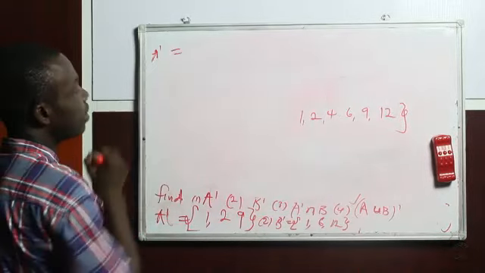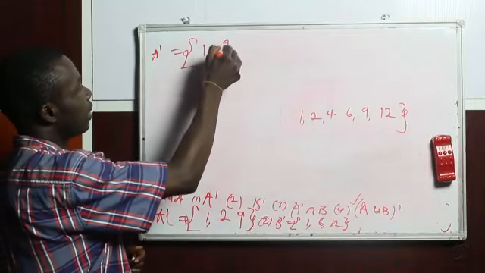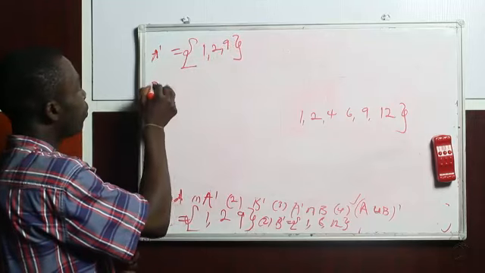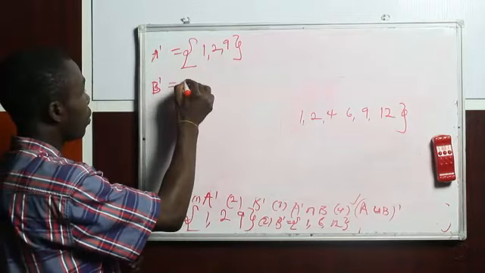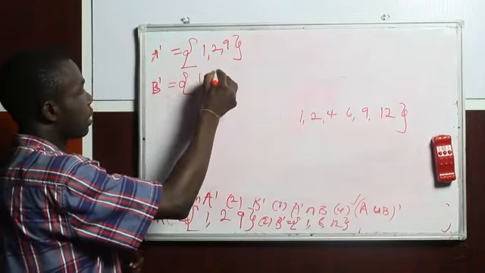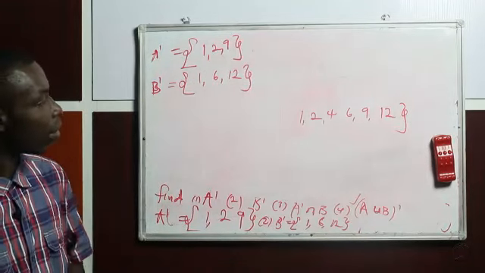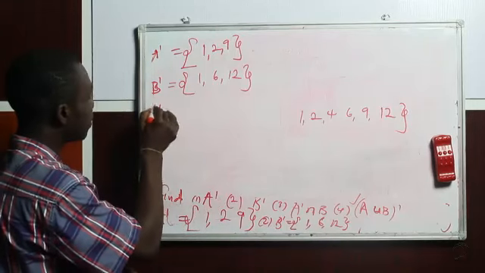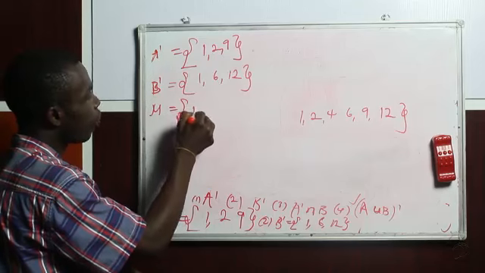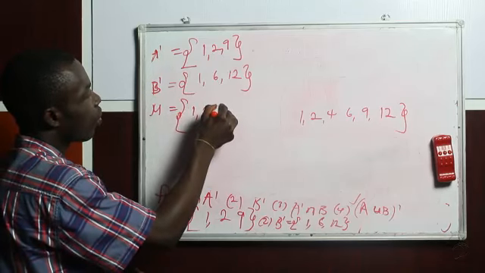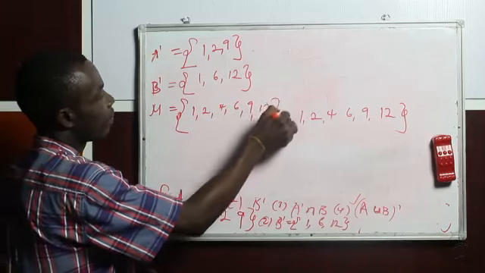Our A complement is equal to 1, 2, 9. Our B complement is equal to 1, 6, 12. Our universal set is equal to 1, 2, 4, 6, 9, and 12.